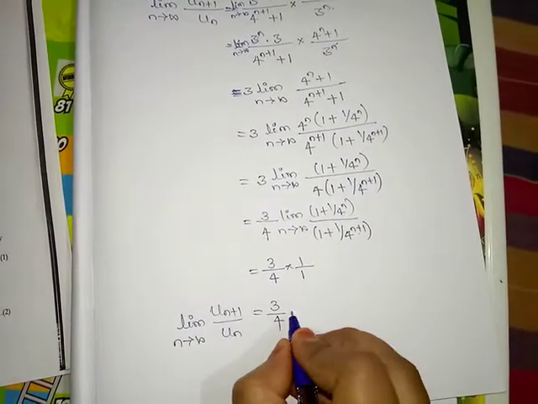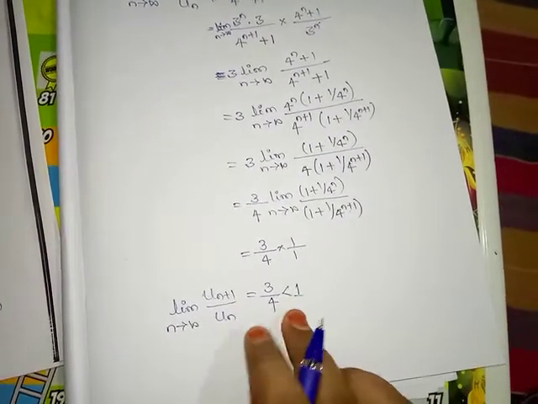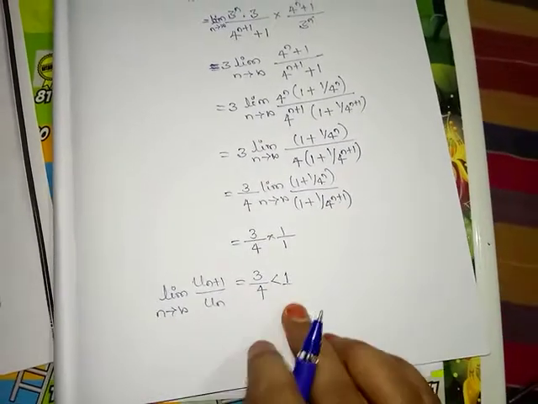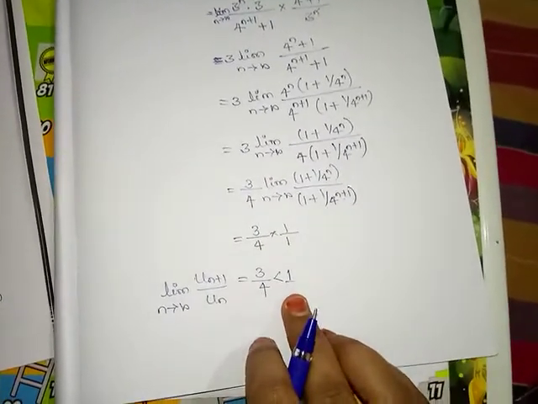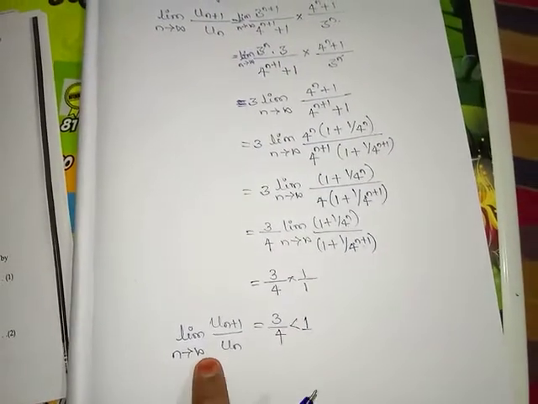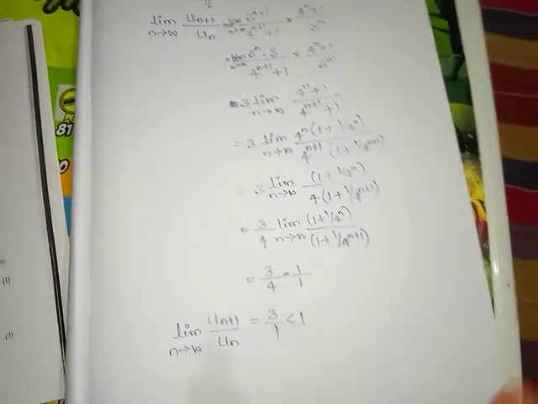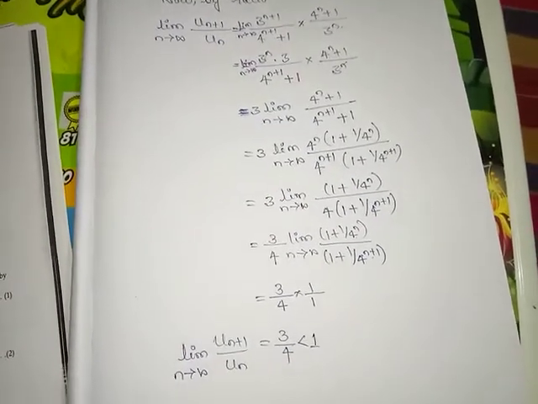We know that 3 divided by 4 gives a value which is less than 1. When we calculate this one, we get a value which is less than 1. We know that by D'Alembert's ratio test, if this limiting value gives a finite value which is less than 1, then our given series is convergent.